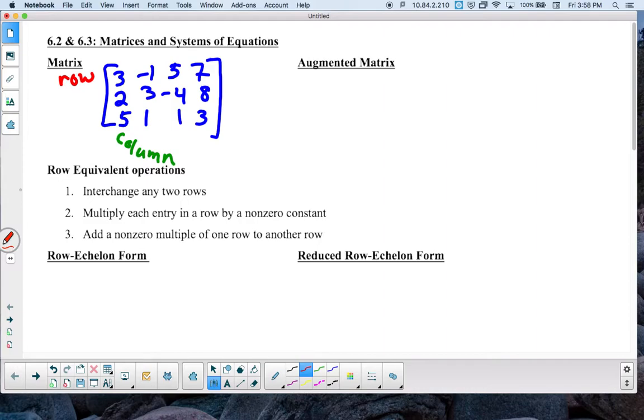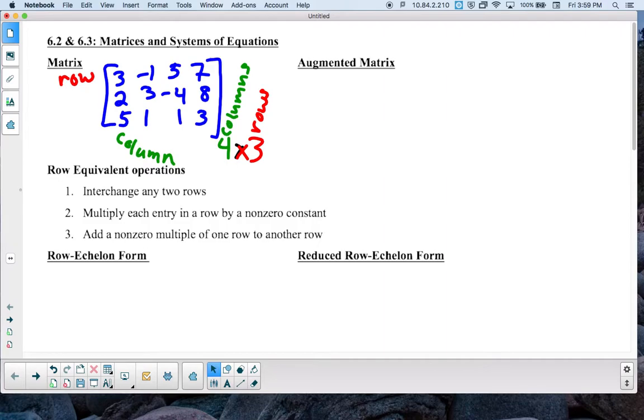So we would say that this is a 4 by 3 matrix. And these are always written with the columns first, followed by the rows.